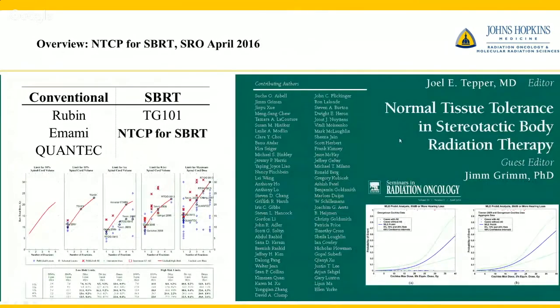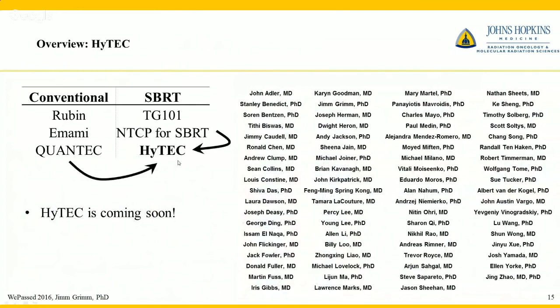And that's what we were working on, NTCP for SBRT, taking these published SBRT guidelines and using clinical data, keeping track of which cases had complications and which ones didn't, and formed a dose response model to get an estimate of the risk level for each limit. And then high tech is the next project we're working on.